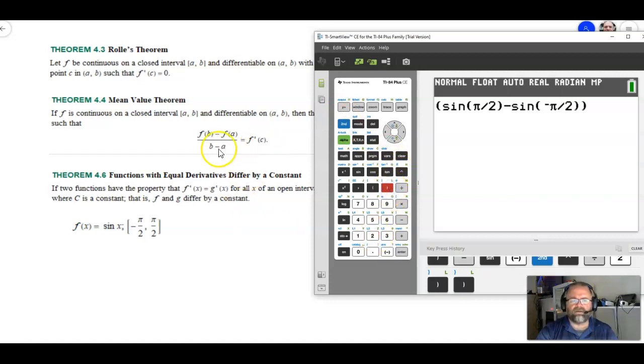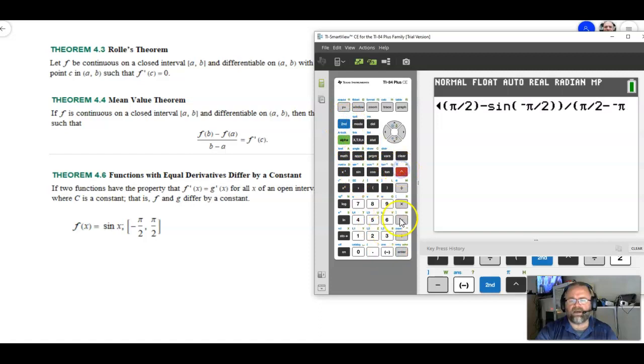And we're going to put that over b minus a. That's pi over 2 minus a negative pi over 2. So divided by, open parentheses, pi over 2 minus a negative pi over 2. All right, let's see what we get here.